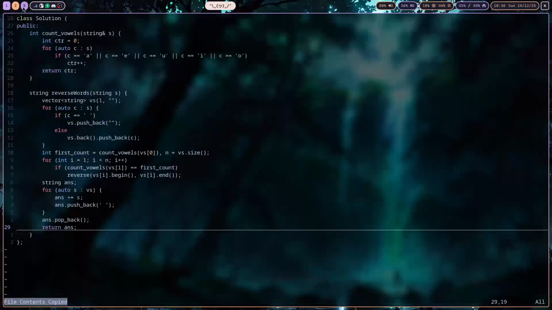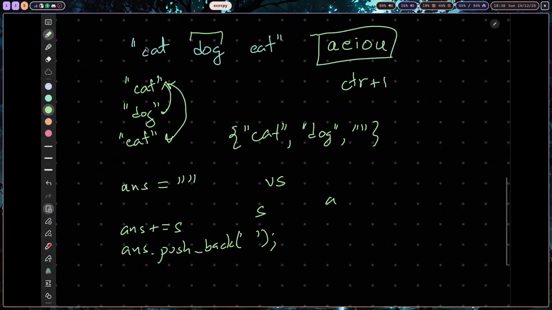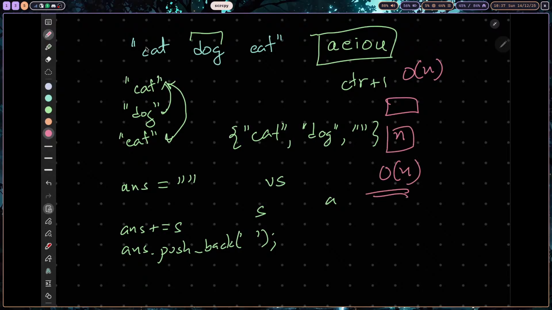So basically all we had to do was split our input string into all of its substrings, and then for each substring just perform a normal vowel check and count the number of vowels. So this whole thing should take order of n, because each character is processed a constant number of times, and we will have n characters. So the overall time complexity is big O of n.